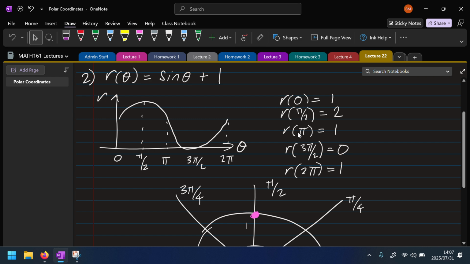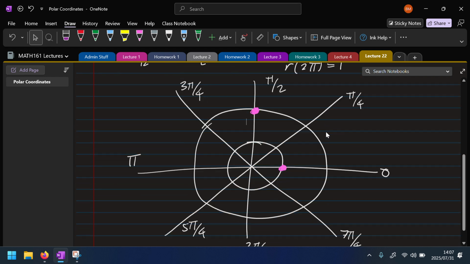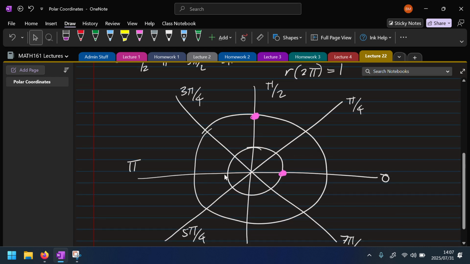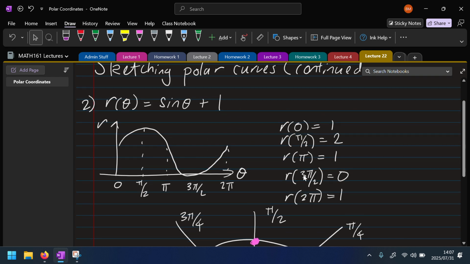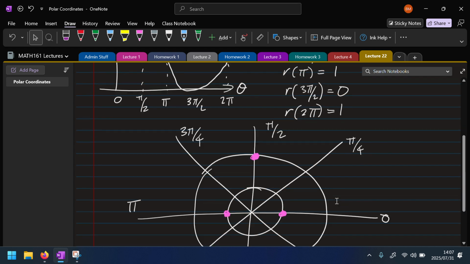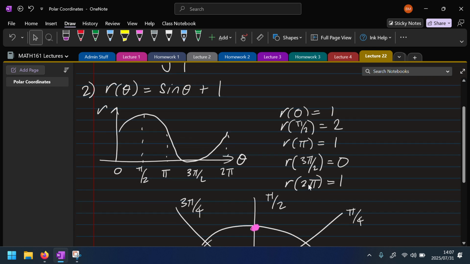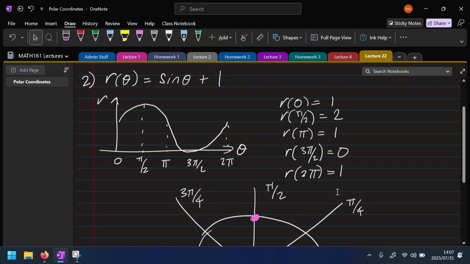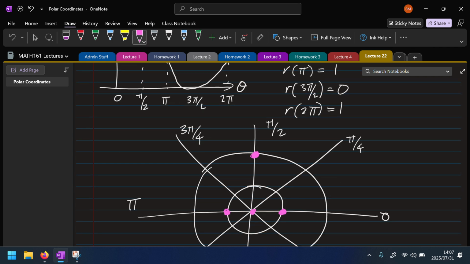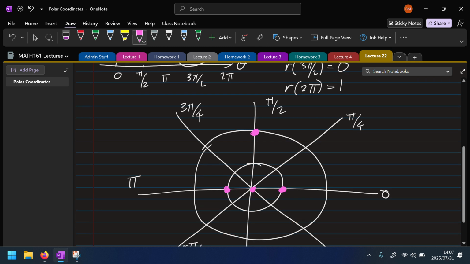Next, at pi, the radius is 1, so we go out to the left at radius 1 and get a dot over there. Then at 3 pi over 2, the angle going down, the radius is 0, so we're back at the origin. And finally, at 2 pi, we're back all the way around. The radius is 1, so we're back to the dot that we started with.